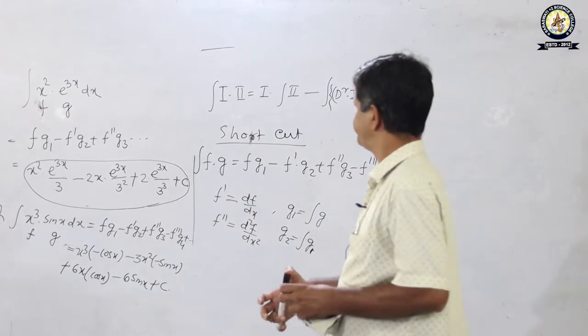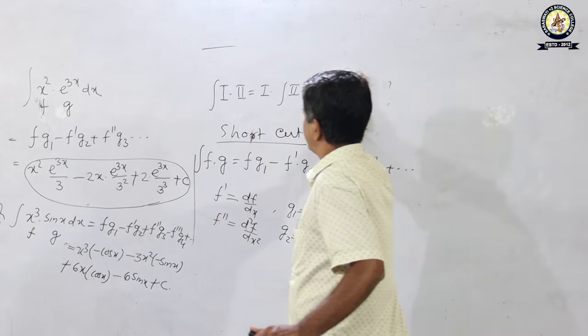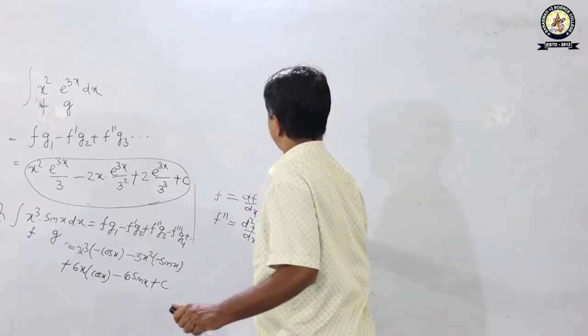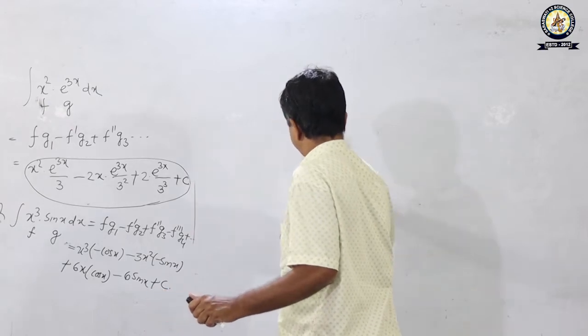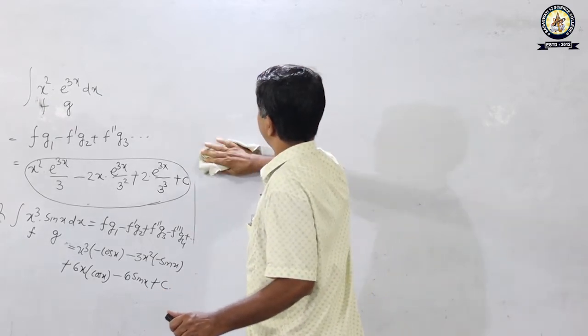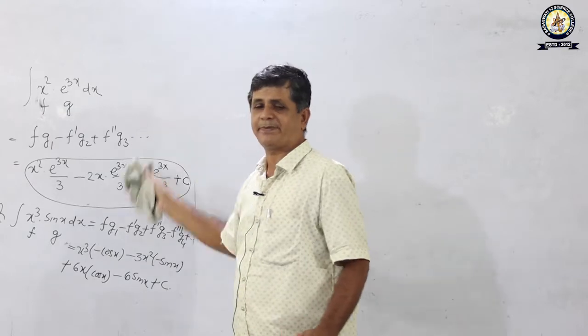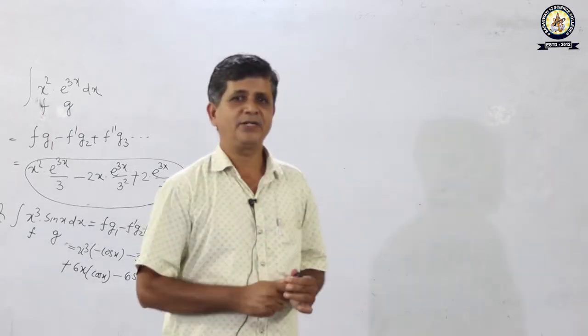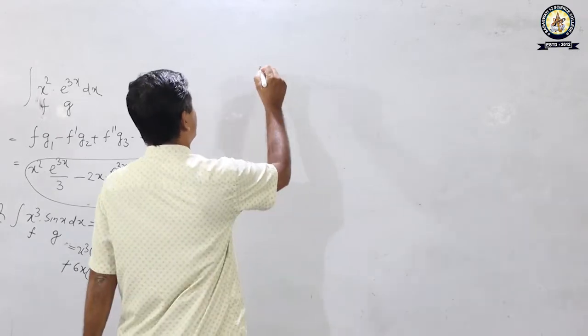Now come to another topic. Sometimes, if there is no product of two functions, then also we can use integration by parts, taking one as the second function. So the next heading is treating one as second function.